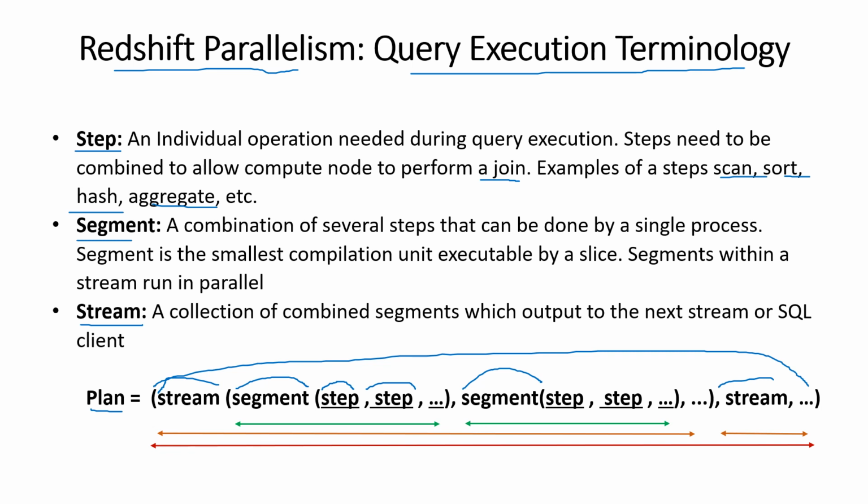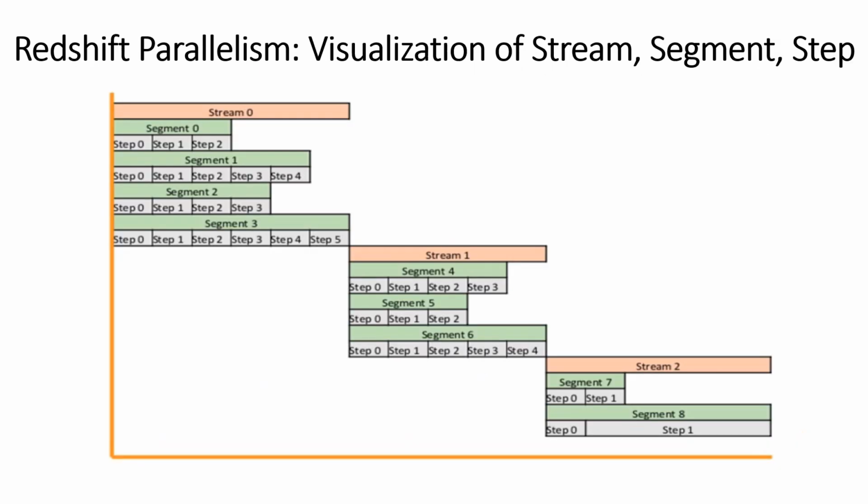A segment is a combination of several steps that can be done by a single process. A segment is the smallest compilation unit executable by a slice. Segments within a stream run in parallel. A stream is a collection of combined segments which output to the next stream or SQL client. This is a good visualization of a stream, segment, and step.